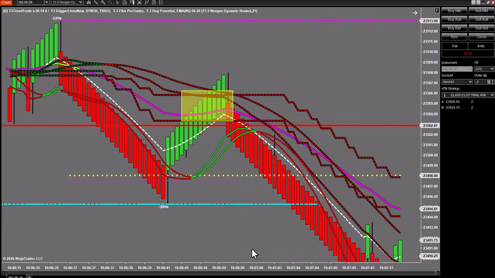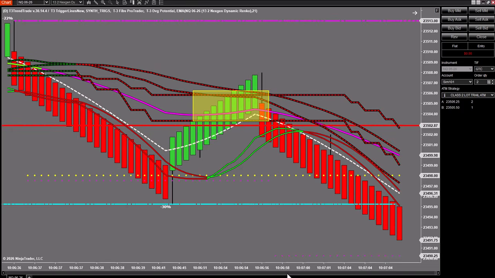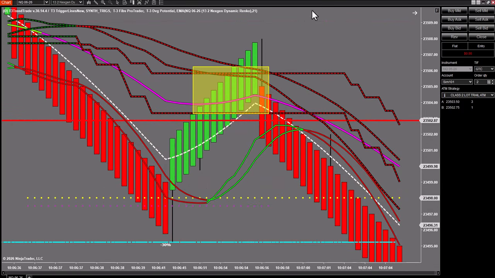A limit order is going to get you in right here, at the area inside of the zone. A market order entry is going to get you in over here. And God forbid, in the NASDAQ lately, it's probably going to fill you down here, right?